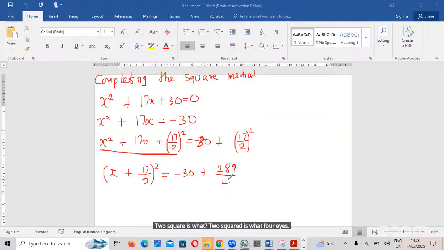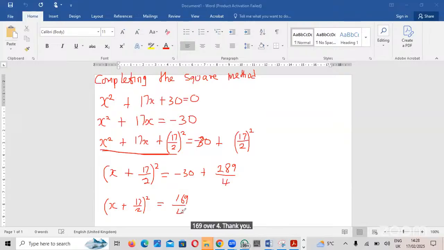So somebody help me add the minus 30 plus 289 over 4 together. I want the answer in fraction. 169 over 4. Thank you.